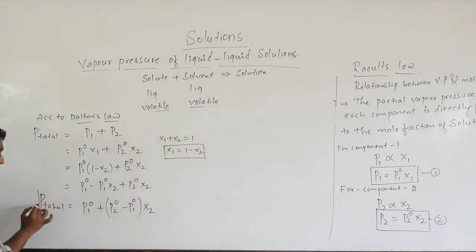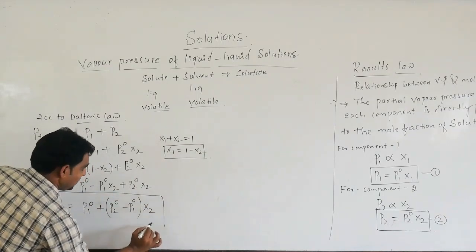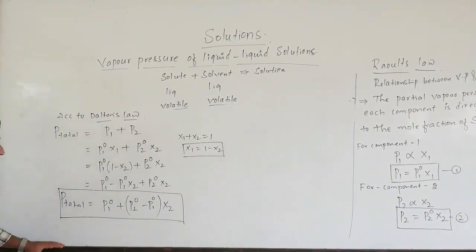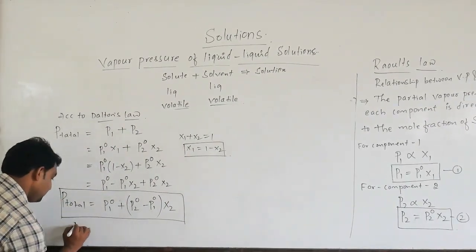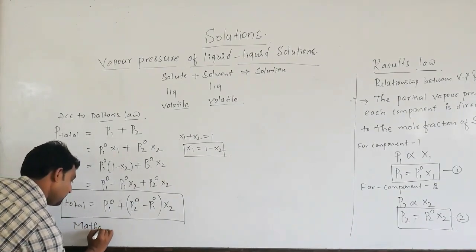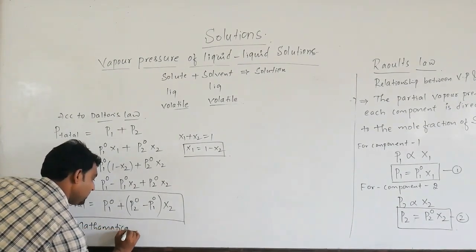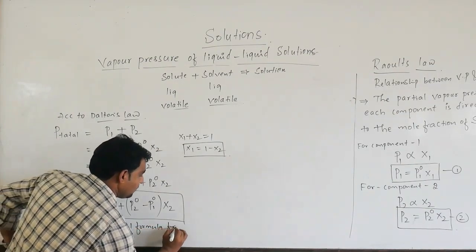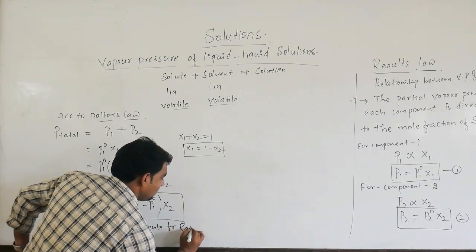This is the mathematical formula for Raoult's law having two volatile liquids.